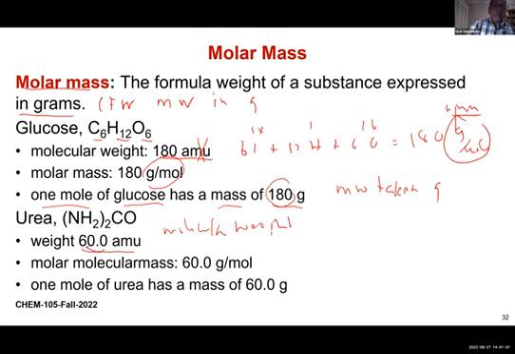See, this molar mass, in grams per mole, that's the molar mass. So 1 mole of urea contains 60 grams of urea.